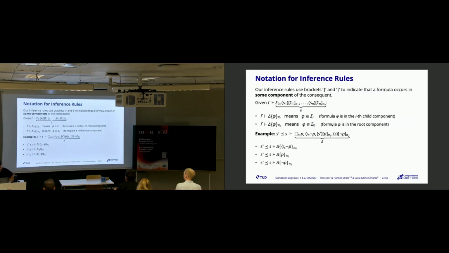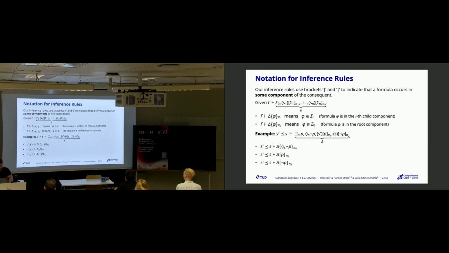So let's talk a little bit about notation that's used. This notation will be used to define or formalize the inference rules that will appear in our nested sequent calculus. And this is where the labels on nestings are going to come into play.